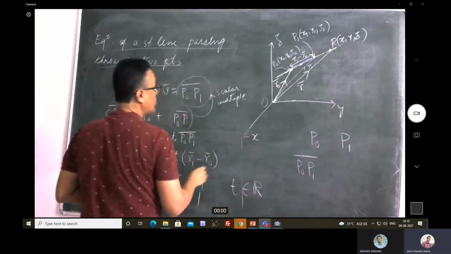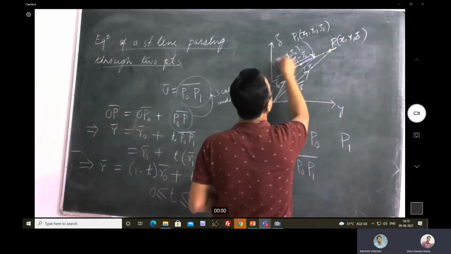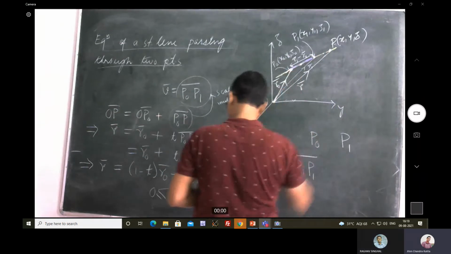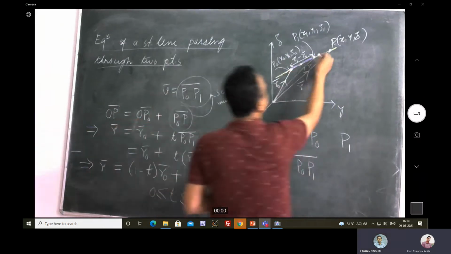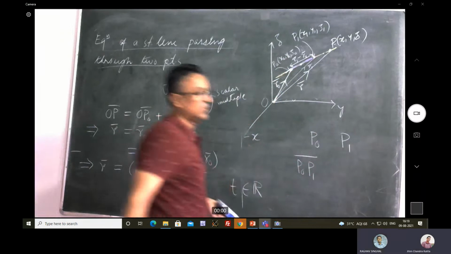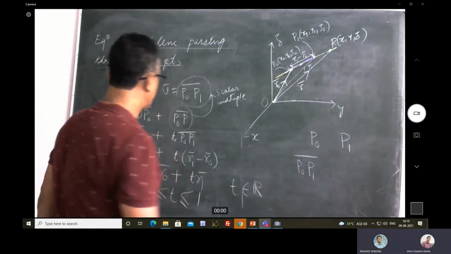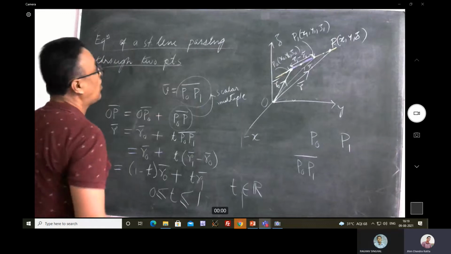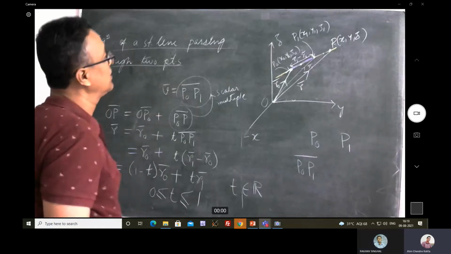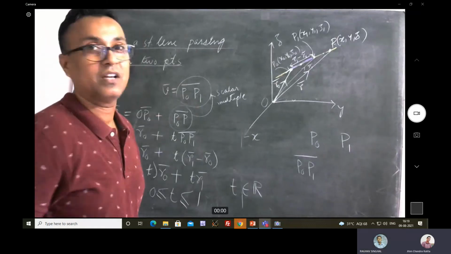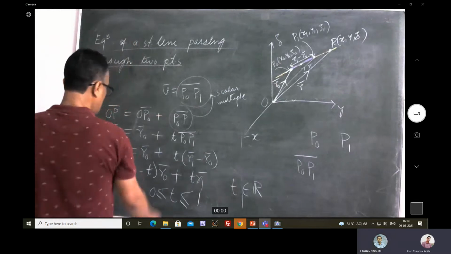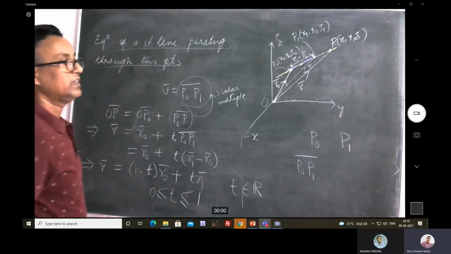Because if T is equal to 0, then the point is P naught itself, and if T is equal to 1, the point is P1 itself. That is why in many books, they give you the equation of only the portion P naught P1. In that case, your T is going to lie between 0 and 1.